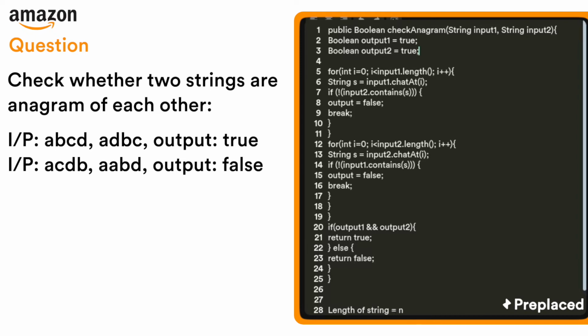If it does not enter, this variable will never be false, so it will always be true. Same thing here also. It will not enter, and this variable will always remain true. And if both of them are true, then I am returning true. So empty strings are like anagrams. That condition holds true. I cannot think of anything else.